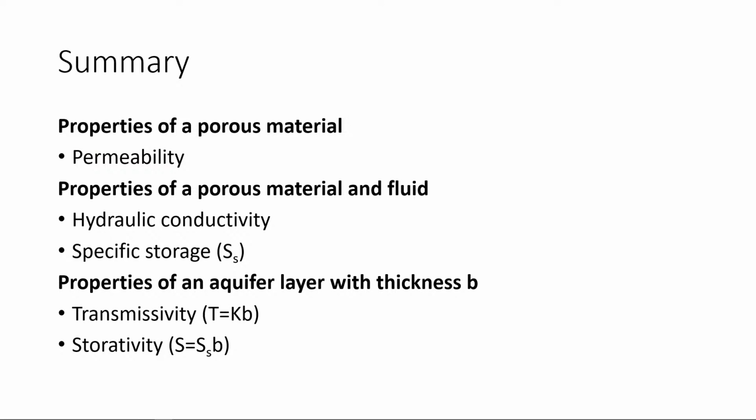If you don't know these terms, please go check the meaning of permeability. Permeability is a property of the porous material. Check the meaning of this. A property of porous material and fluid would be hydraulic conductivity and specific storage.